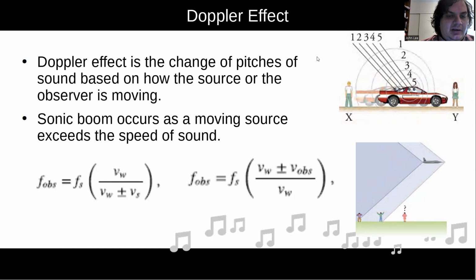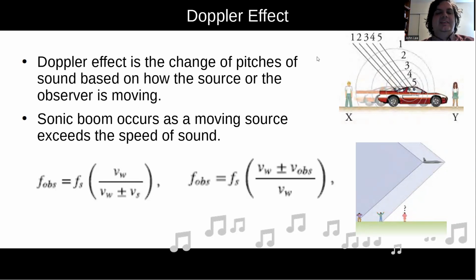If it's coming towards you, then this is going to be VW minus VS in the denominator, which means that the observed frequency is going to get higher, and if it's going away from you, then it's VW plus VS in the denominator, which means that the observed frequency is going to get lower because the denominator is getting bigger.